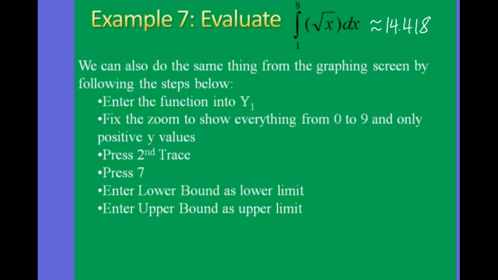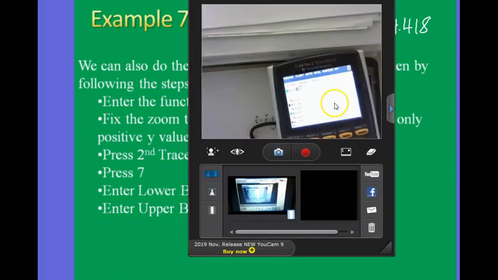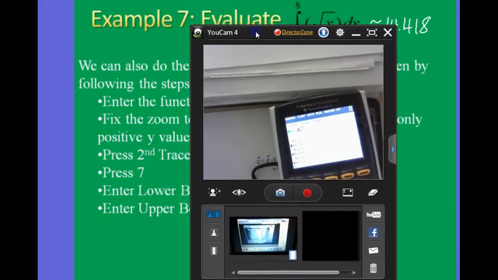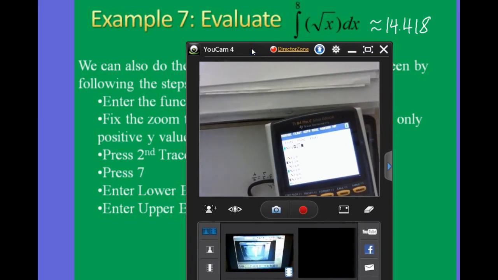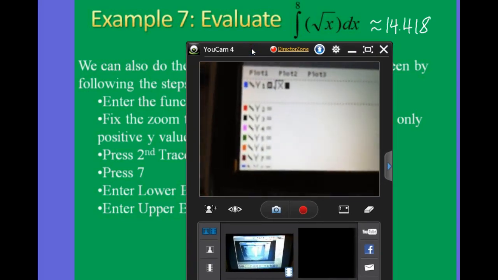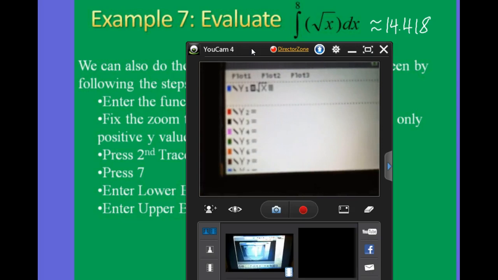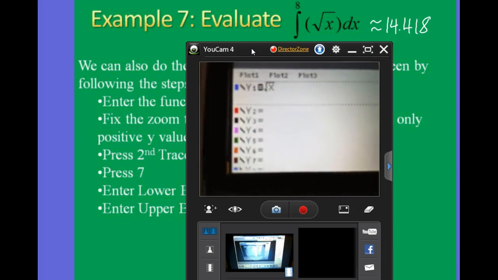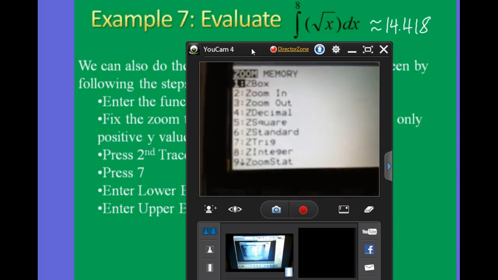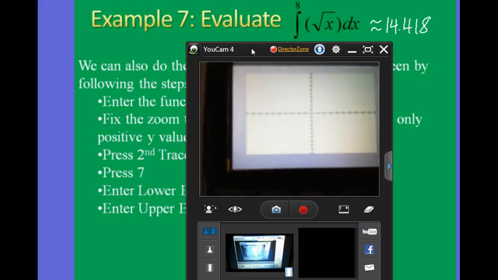You're just typing the square root of x into y1. Okay, so now what I want you to do is hit zoom and go to 6, so it's in standard form.